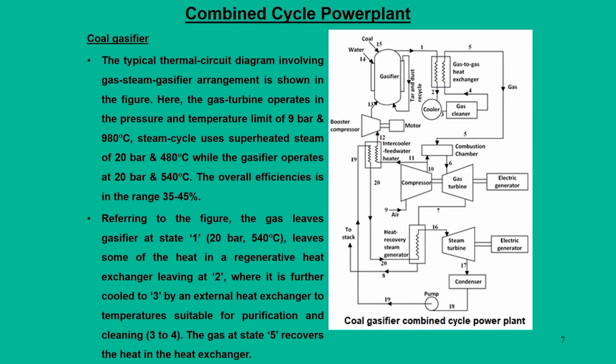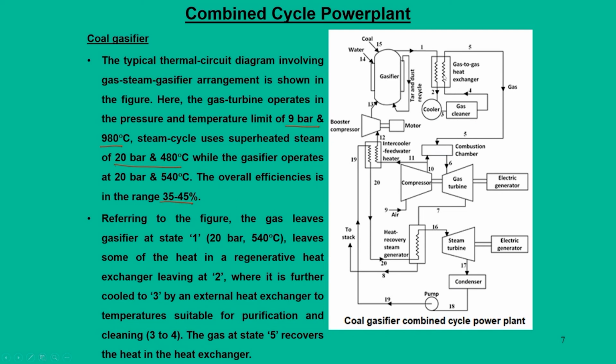As a benchmark, I have given some numbers where a coal gasifier combined cycle power plant operates. This is a realistic picture in which the temperature and pressure limits for gas turbine units are 9 bar and 980 degrees centigrade. Steam turbine units operate in the range of 20 bar and 480 degrees centigrade, and they have an overall efficiency of 35 to 45%.